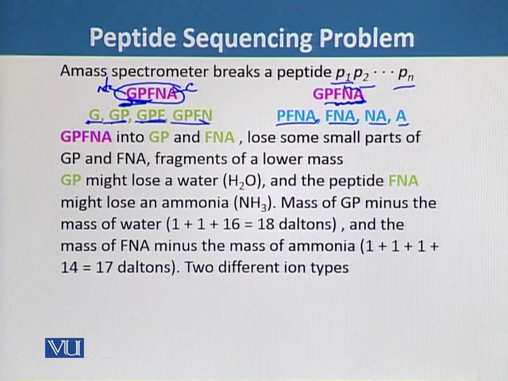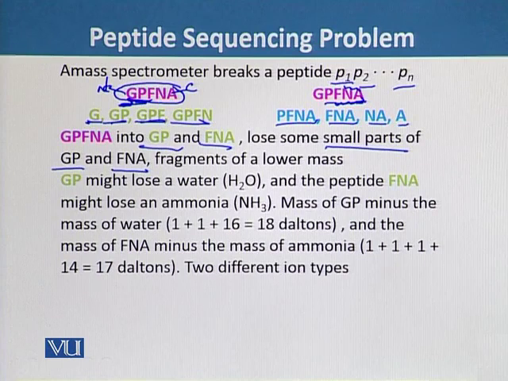Moreover, while breaking GPFNA into GP and FNA, here is the problem in detecting the sequence of this protein using the mass spectrophotometer. If we break it into GP and FNA, it may lose some small parts, resulting in fragments of lower masses.